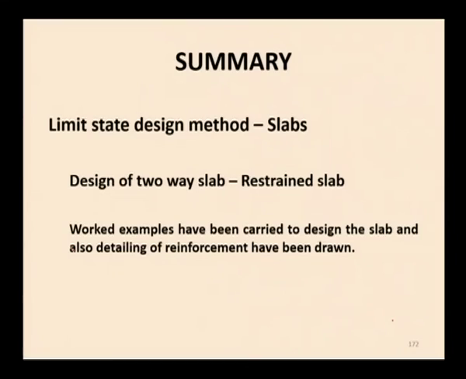With these conditions, we have found the bending moment coefficient from the table 26 of IS 456, and we have found the bending moment for the respective bending coefficients, and we have also found the effective depth of the slab for the maximum bending moment, and also we have designed the reinforcement required for the maximum bending moment along x as well as along y direction, and also we have seen the reinforcement detailing of the two-way restraint slab.